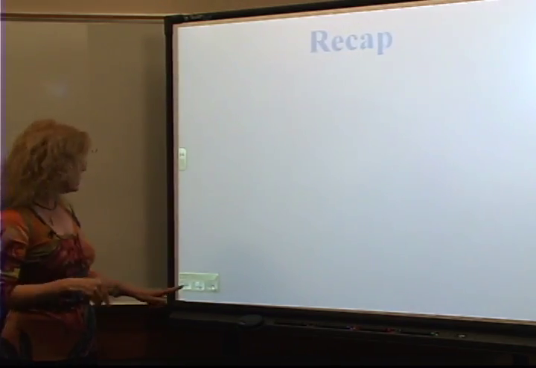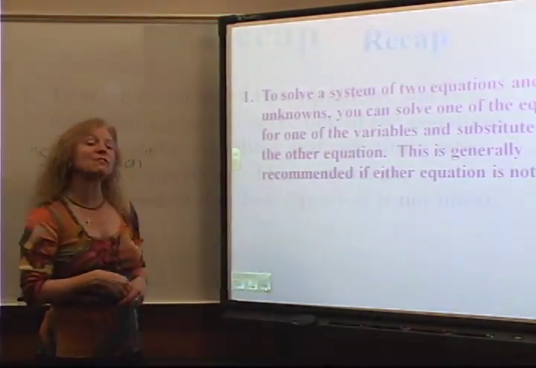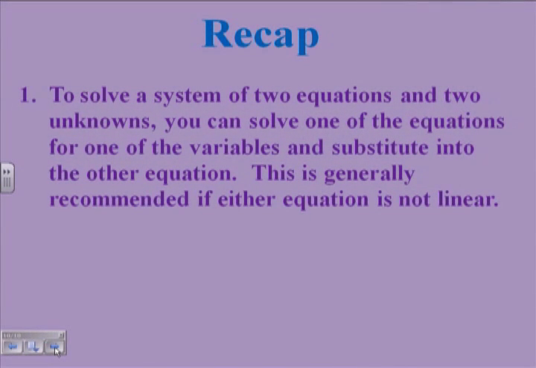So just a quick recap for you when it comes to solving systems of two equations and two unknowns. You might need to solve one of them first for one of your variables, but then you can substitute back in. And actually, if you have systems that are not linear, where both equations are not straight lines, you're really better off using substitution most times.